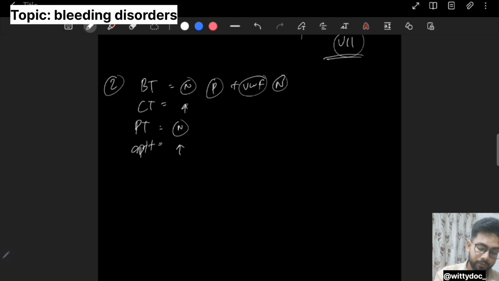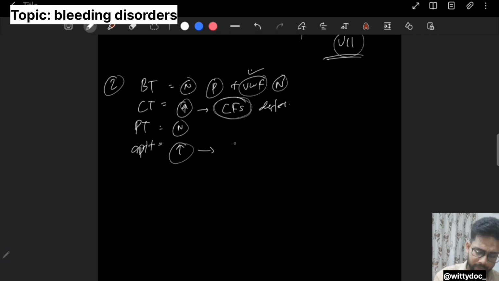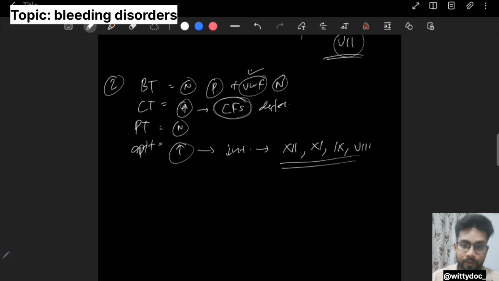If CT is elevated, that means there is a clotting factor defect. Which clotting factor defect? This one signifies the intrinsic pathway. Which are the factors in the intrinsic pathway? We have factor 12, factor 11, and then 9 and 8. So these are the factors that may be defective.